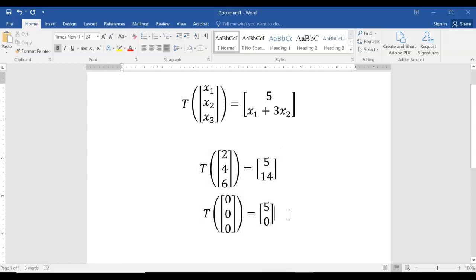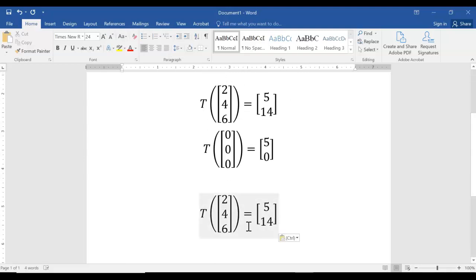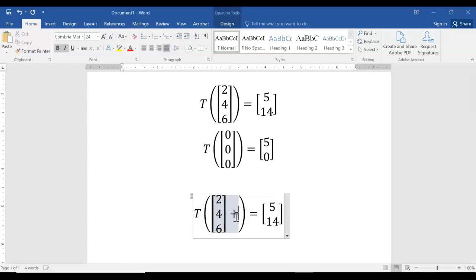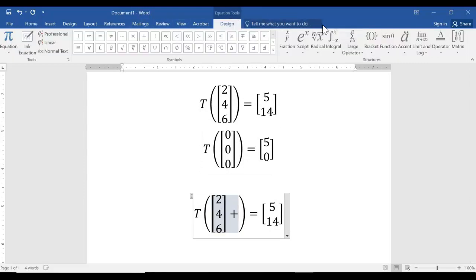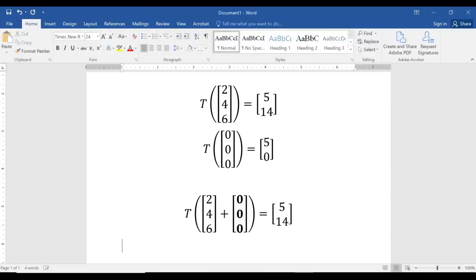Think about what would happen if you added these two vectors before you applied the transformation.